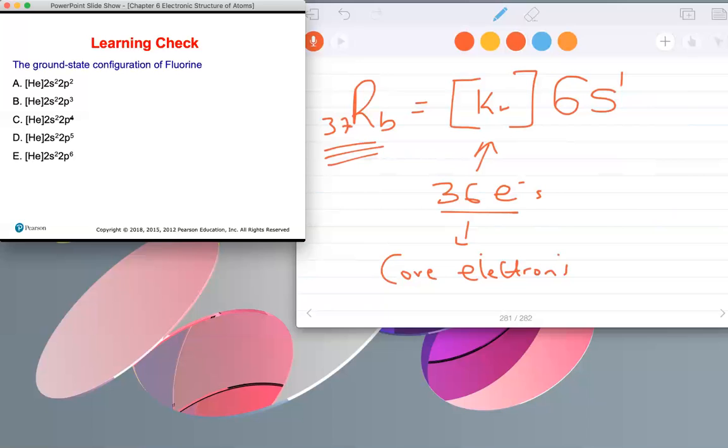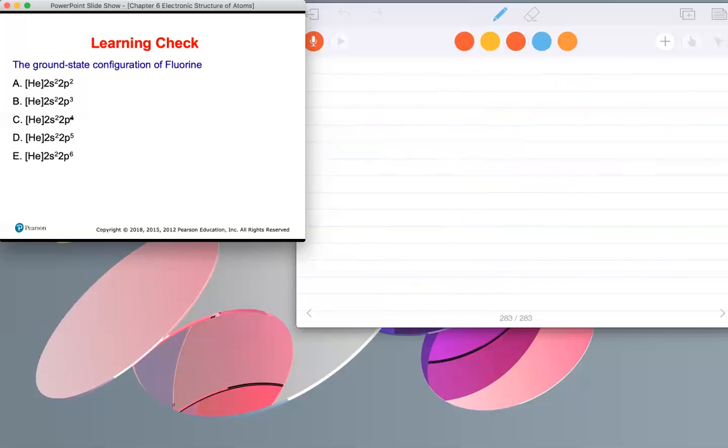In this example, you should be able to name the element on the periodic table and use the symbol to identify the position. Fluorine is number 9 on the periodic table. This is fluorine, and its electron configuration is 1s2, 2s2, and then 2p5, not 6. 9 electrons.